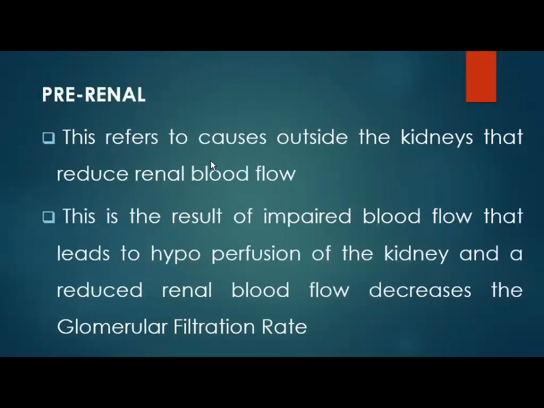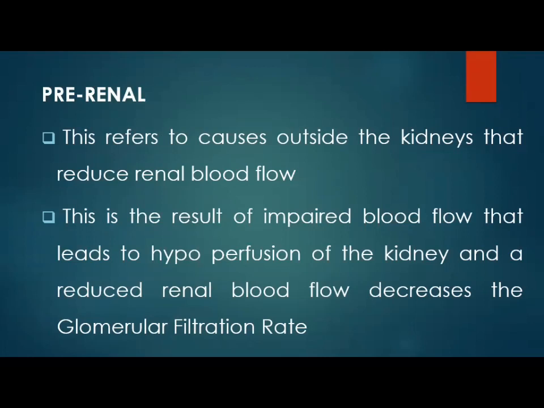The pre-renal causes refer to causes outside the kidney that reduce the renal blood flow. What we have to understand about the pre-renal causes is that these are causes outside the kidney that will reduce blood flow coming to the kidney, the renal blood flow.